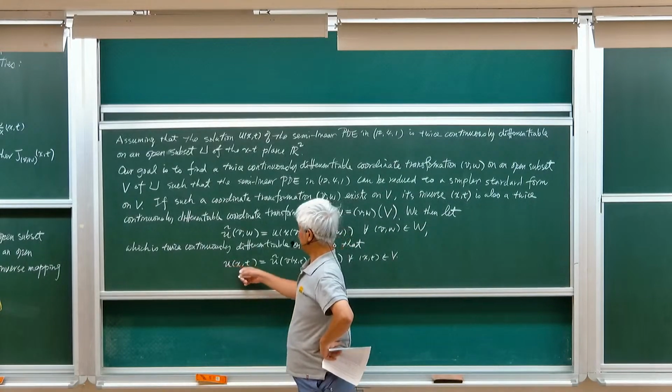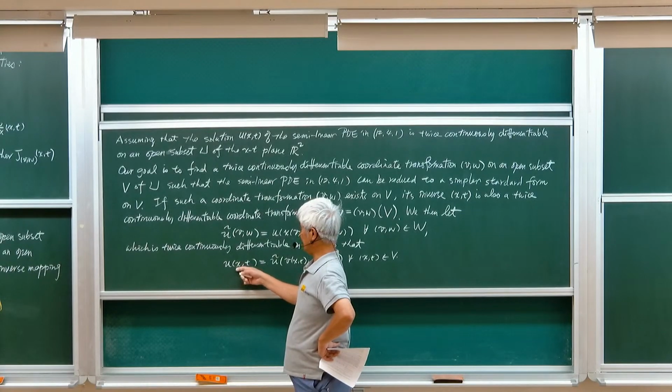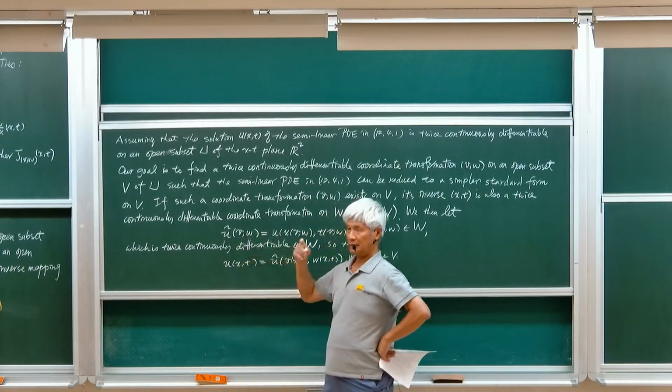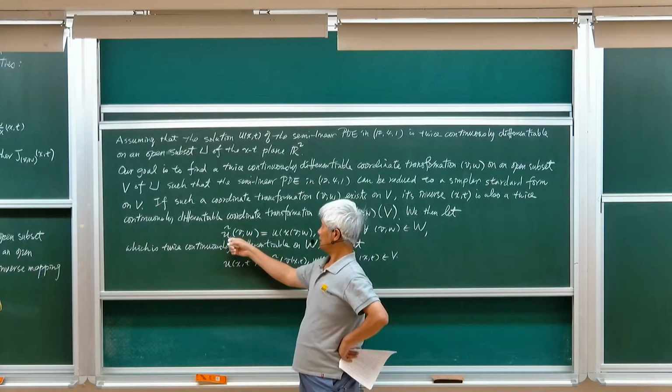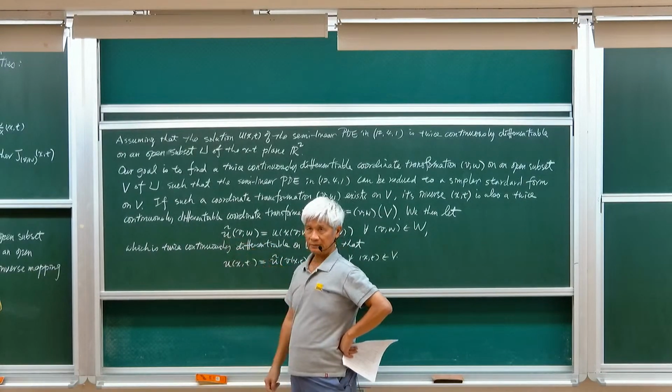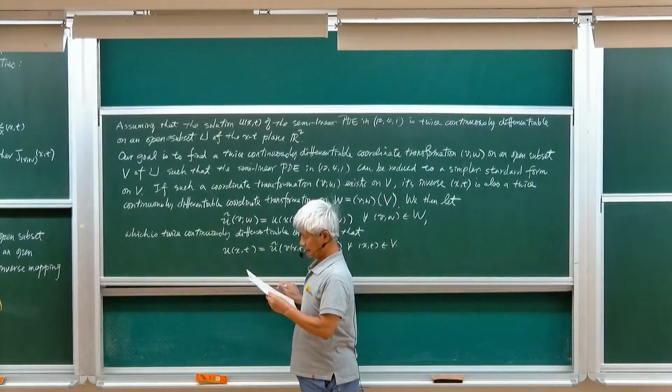So this is the solution of the semi-linear PDE in the xt plane, but the U tilde is the new function in the VW plane.